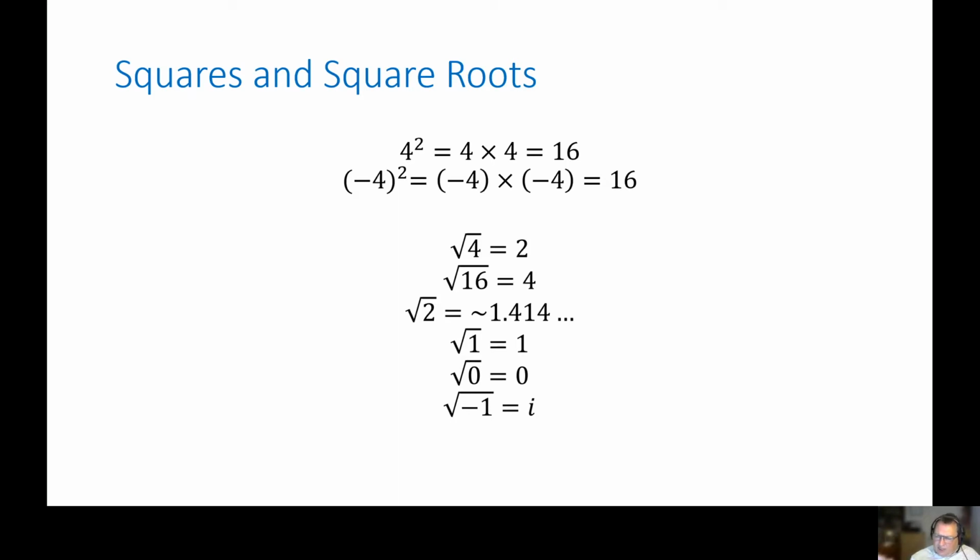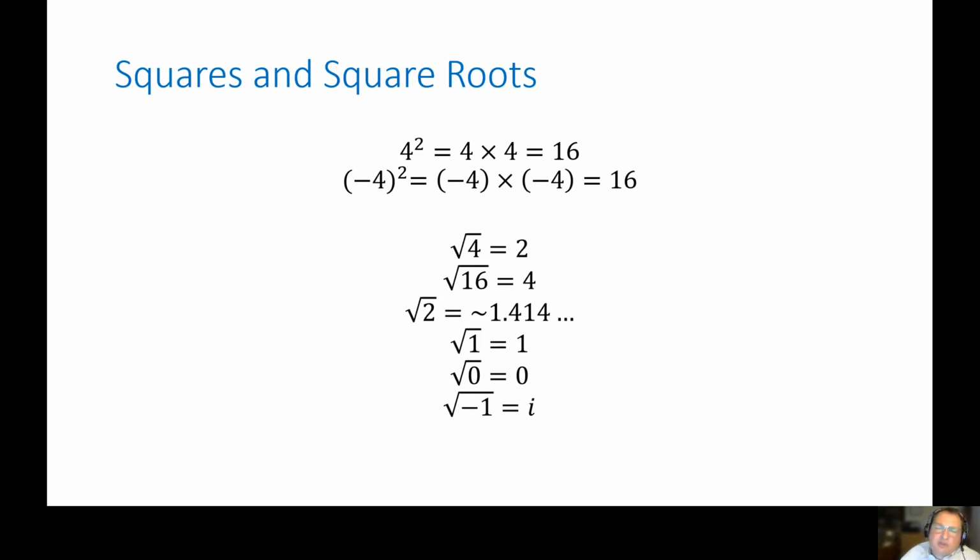If you take a negative number and square it, it's negative times negative, minus times minus. As we got here, negative 4 squared, a negative number squared will always be positive. So there is no way in which you could have a number squared to give you a negative.